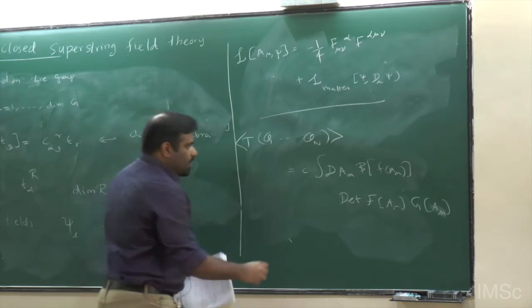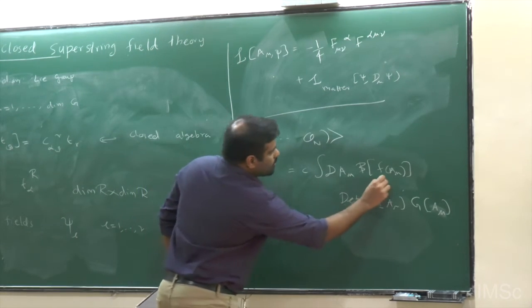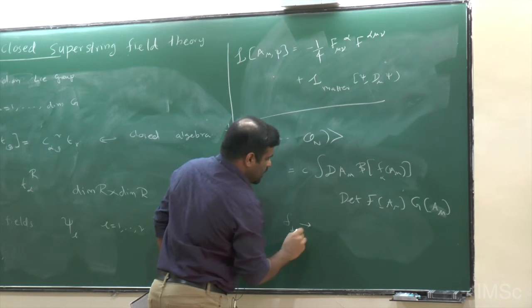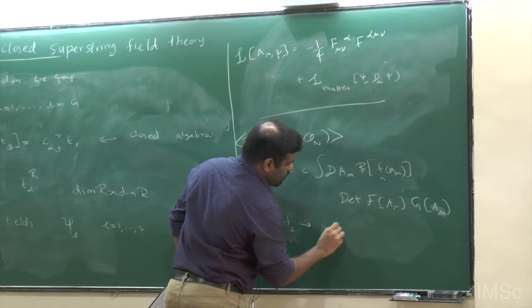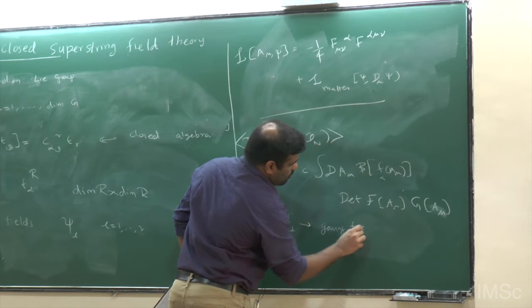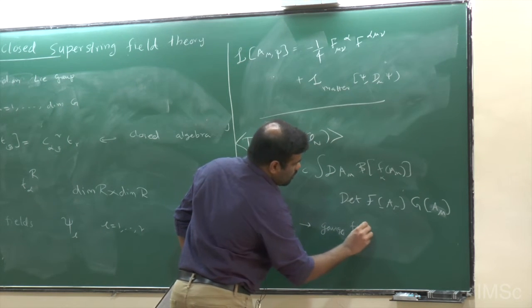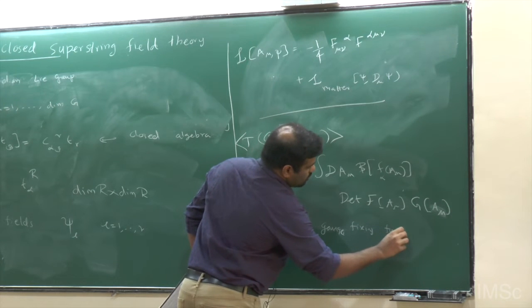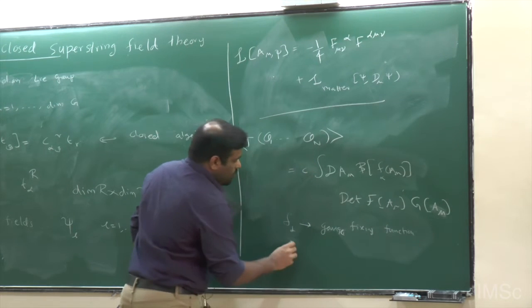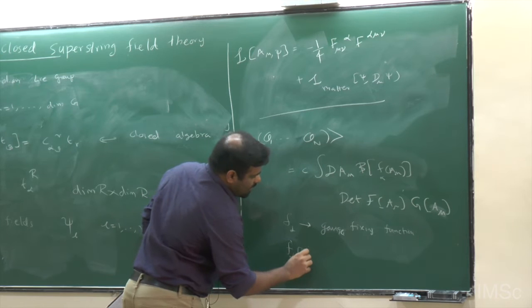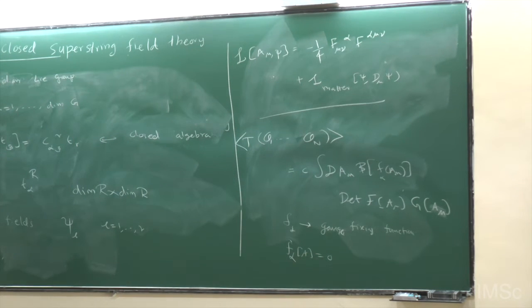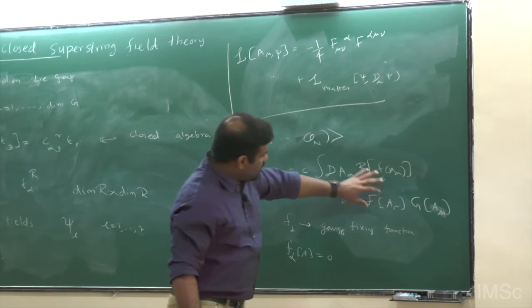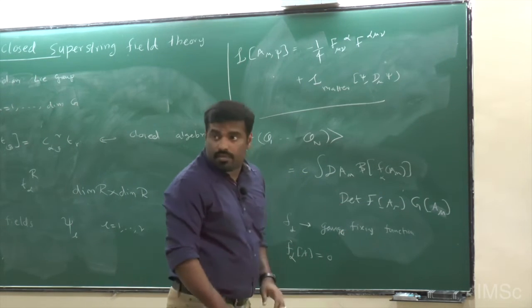The small f alpha is the gauge fixing function. Demanding f alpha of A equal to 0 is the gauge fixing condition. And this piece, determinant of f, is a Jacobian piece.